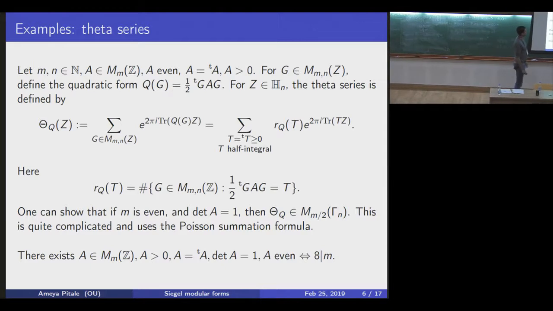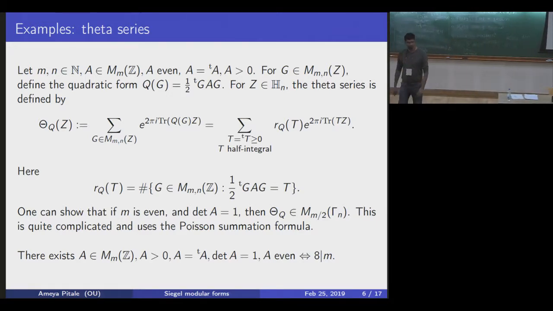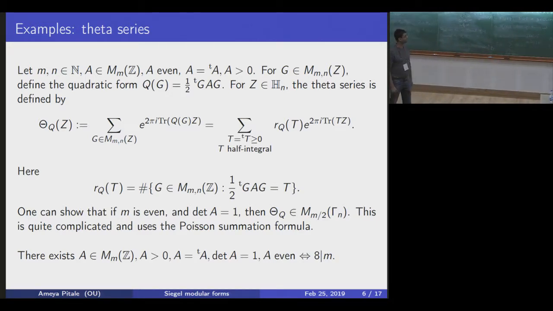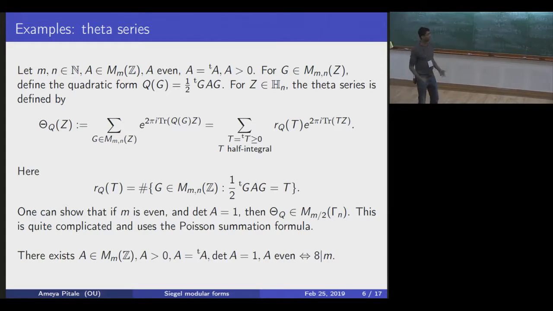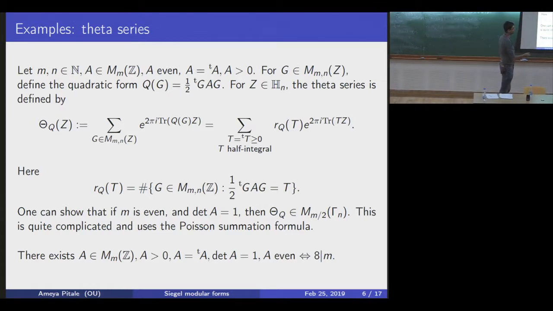The most simplified situation is where I make an assumption that m is even and the determinant of A is equal to 1. So unimodular, even, symmetric, positive definite matrices. In that case, I do get a Siegel modular form of weight m/2 with respect to Γ_n.